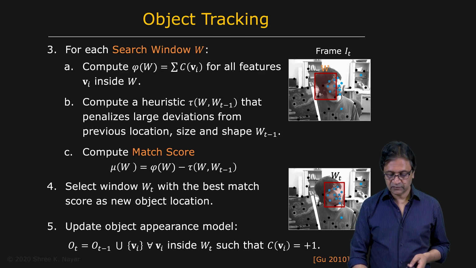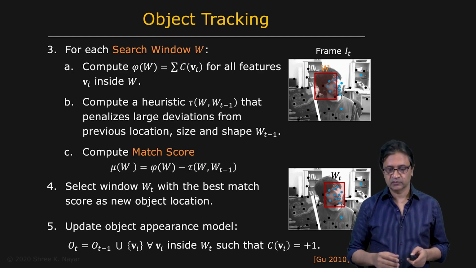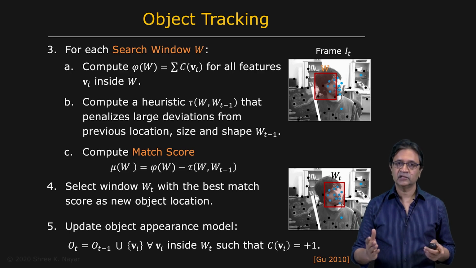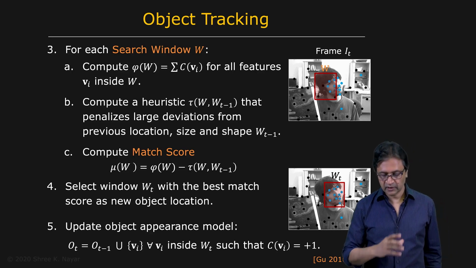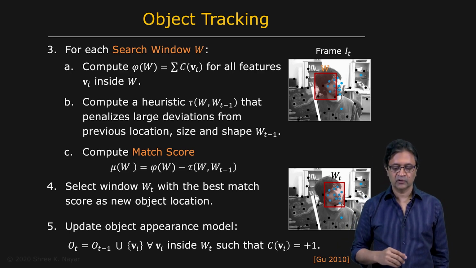So we take these features inside the region of interest, the window, W_t, and we use the new ones to update the object model. That is, we throw them into the bag of features that corresponds to the object, and we do the same for the background features. We update the background feature model as well. And that's tracking. We go from frame to frame and therefore are able to track the object.